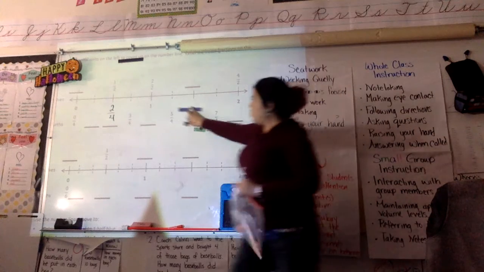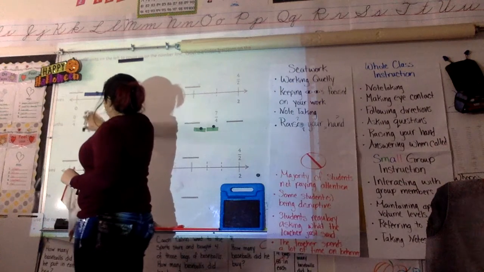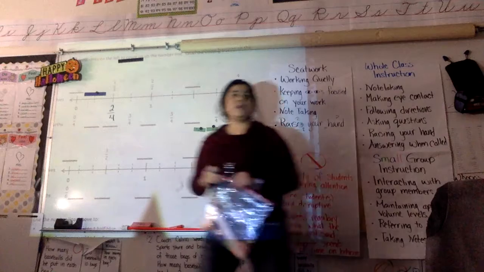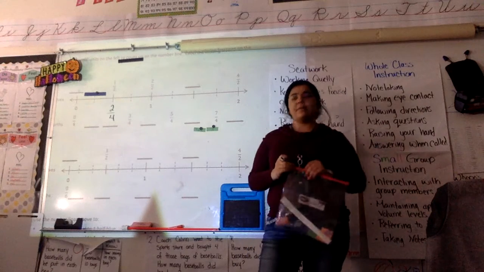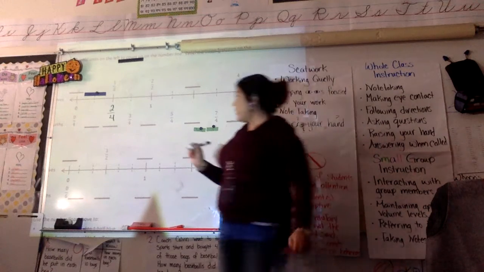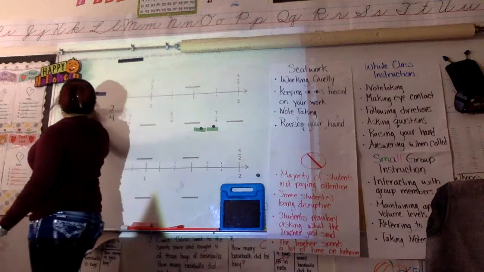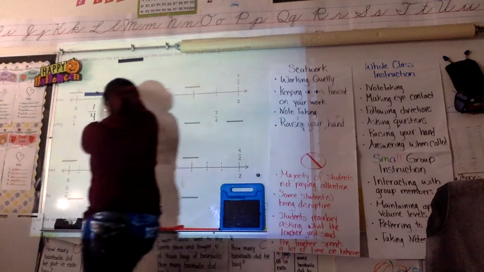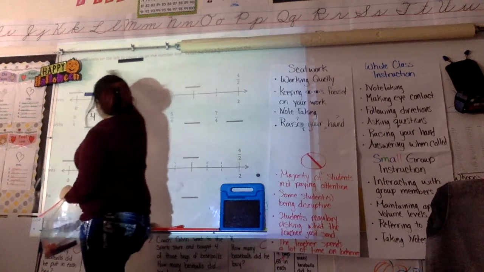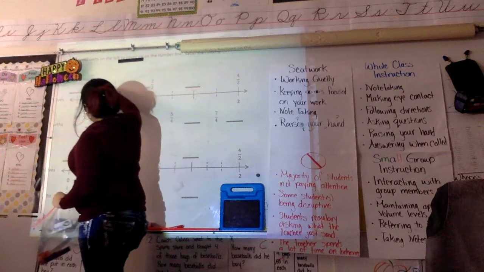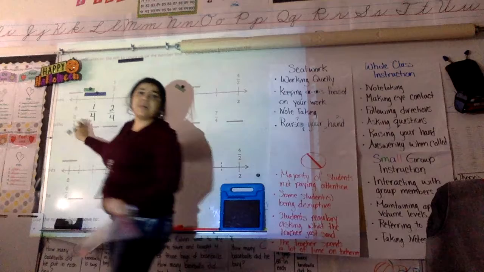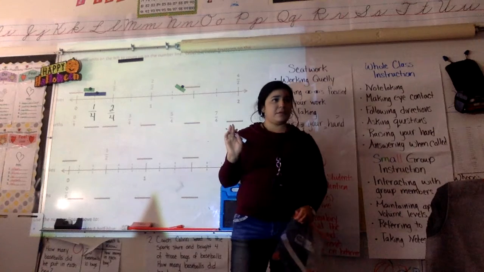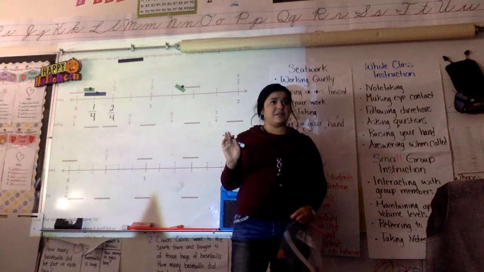We have this whole piece that's the half. What's this one line right there? Miley. It is 1/4. You're exactly right. Do you see how that's 1/4? Because this and this is the fourth, and we only had one of those, so that is the 1/4. Does that make sense? Yeah.